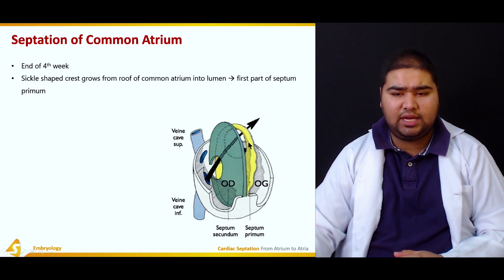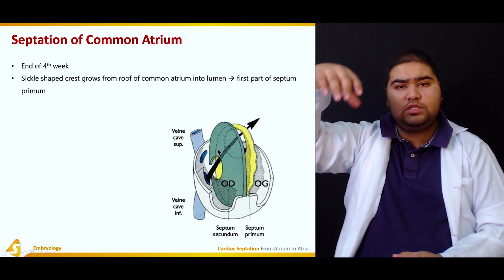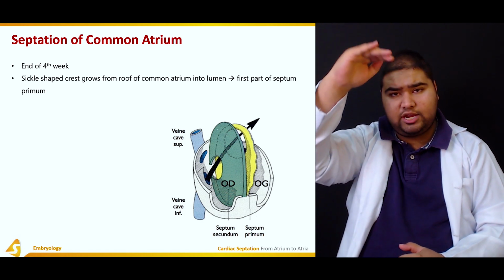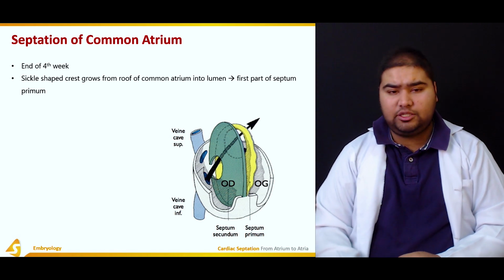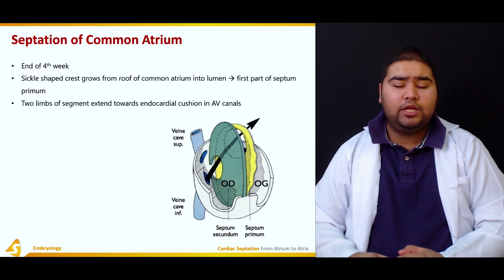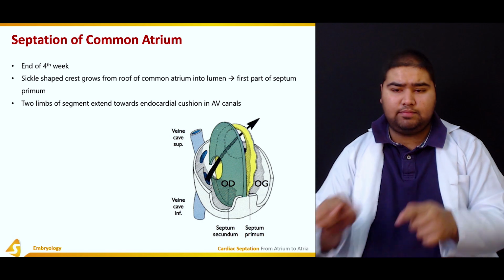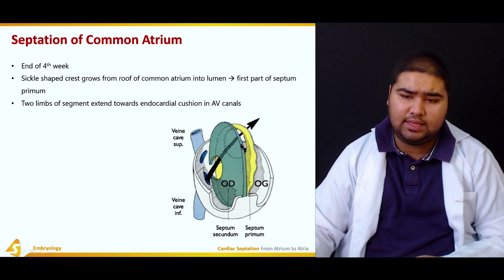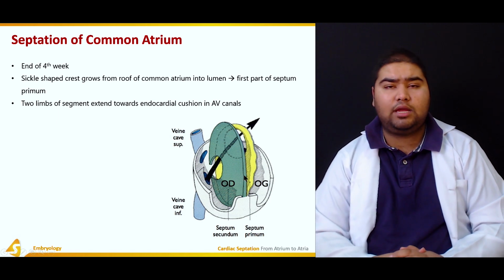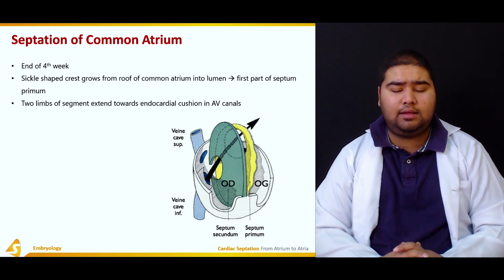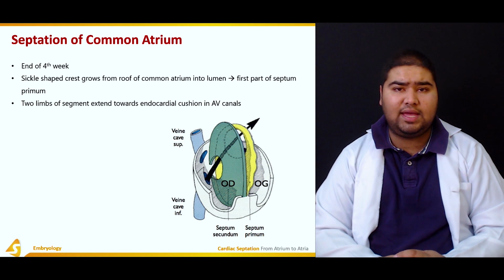It is sickle-shaped initially, and it grows from the roof, from the top of the atrium towards the lumen, the inside, and this is the first part of the septum primum. If this was a sickle, these would be the two limbs. The two limbs now extend towards the endocardial cushions in the AV canals.